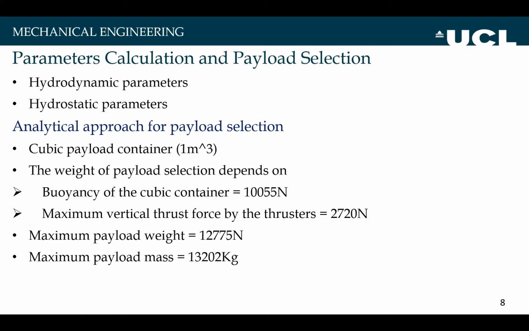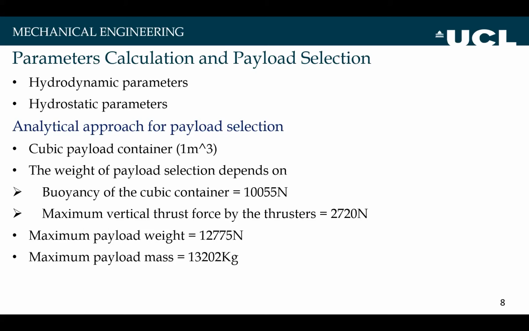That is, if we take into account the buoyancy of the cubic container in which the payload weight would adjust, and then look into the maximum or the complete vertical thrust force applied by the vertical thrusters.